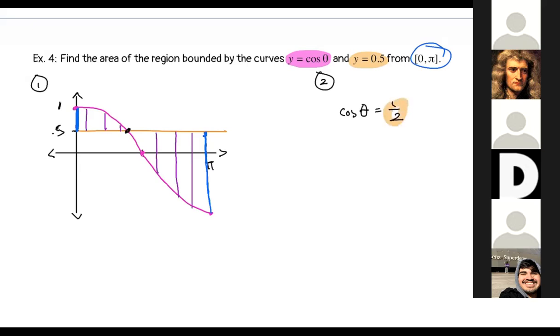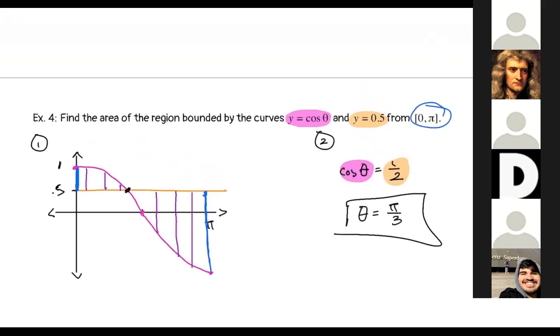We're still setting our two equations equal to each other. What is that angle? Theta equals pi over 3. Very nice. So that means the x value of this point is pi over 3, and it has a y value of 1/2.